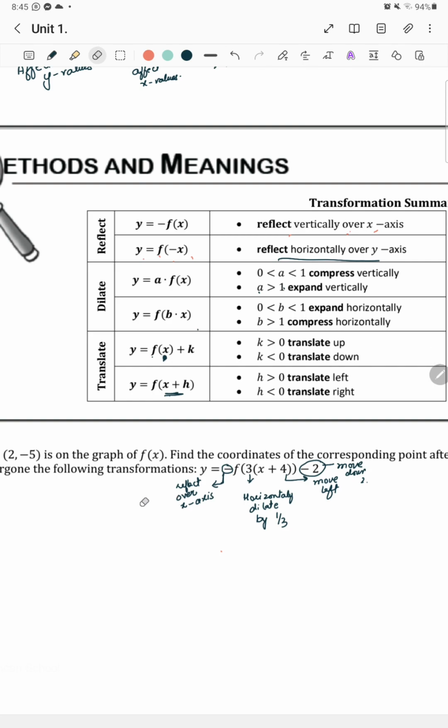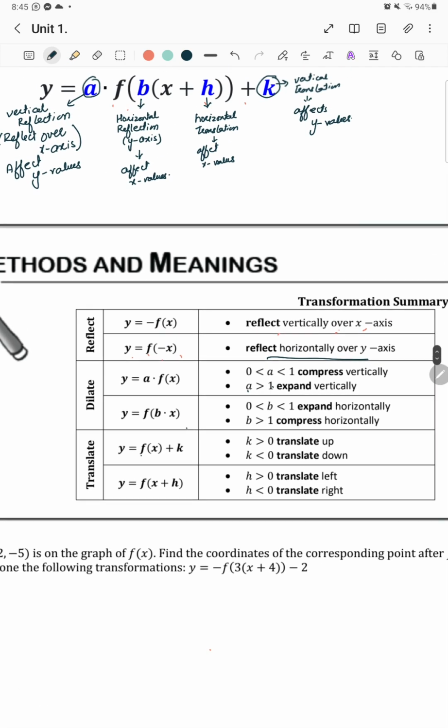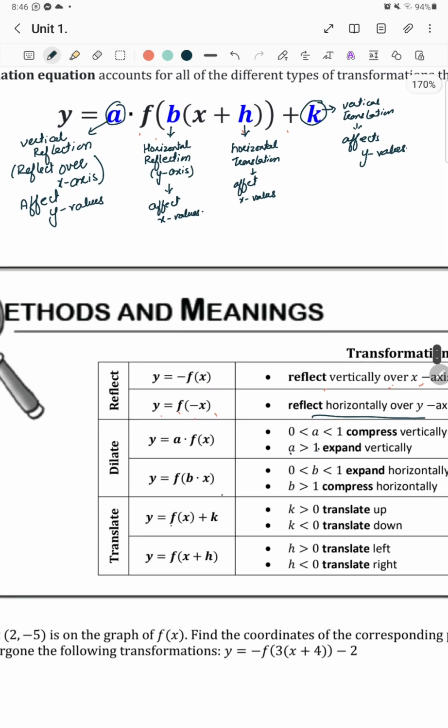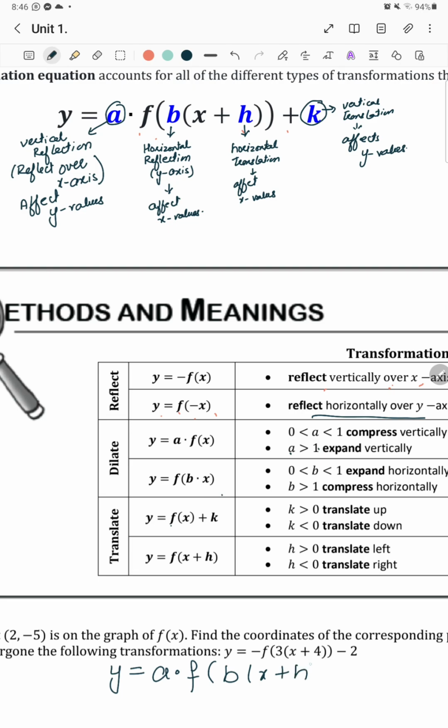Okay, let me do it again for you. y is equal to a f of b x plus h plus k.